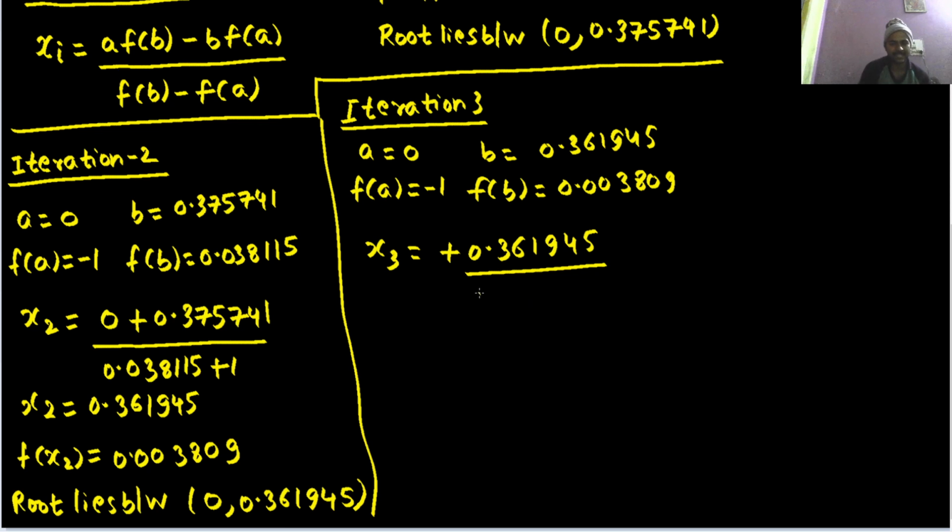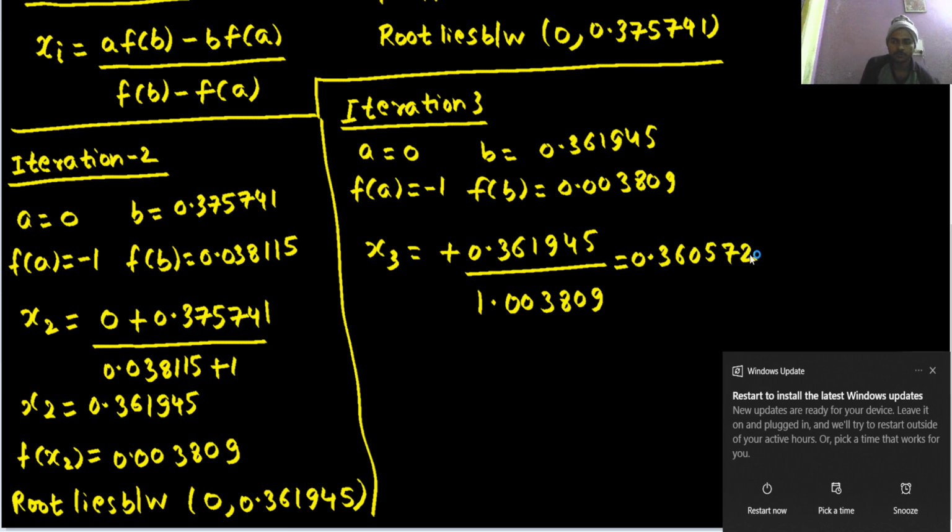So I am directly writing 1.003809. So if I find this value, it is 0.361945 being divided by 1.003809. So this is coming out to be 0.360572.